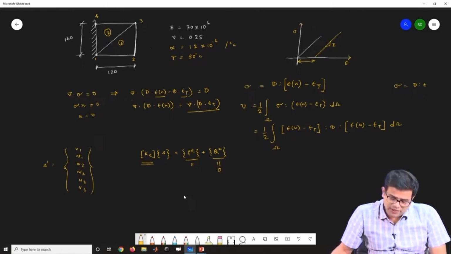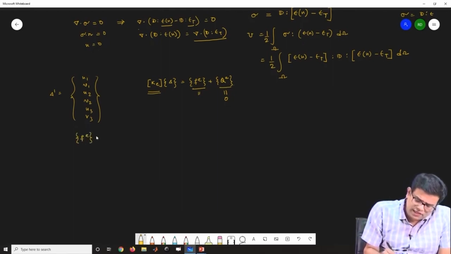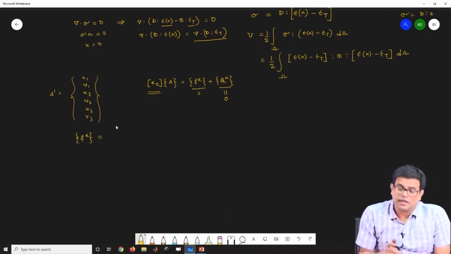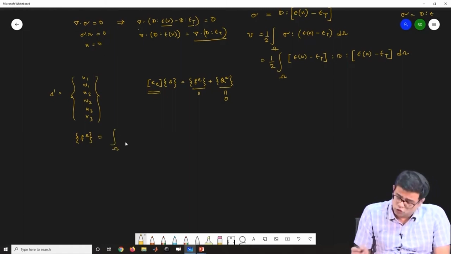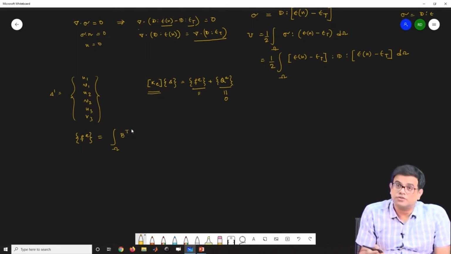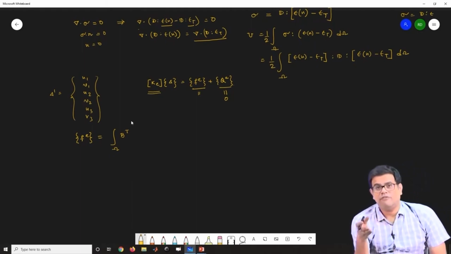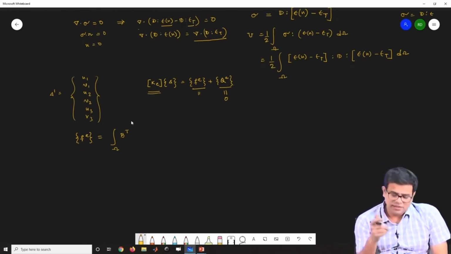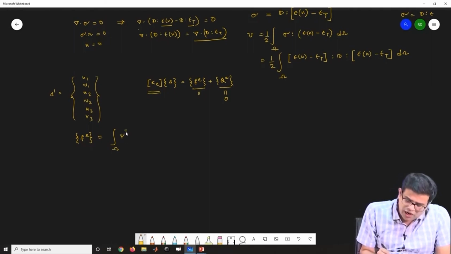So how to estimate this Fe vector here? If you remember the expression for the Fe vector, it is the integral over the domain of phi transpose, not B transpose, that is phi transpose matrix, times the force vector, that is Fe of x and Fe of y.